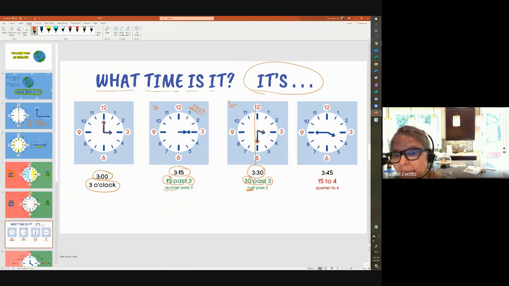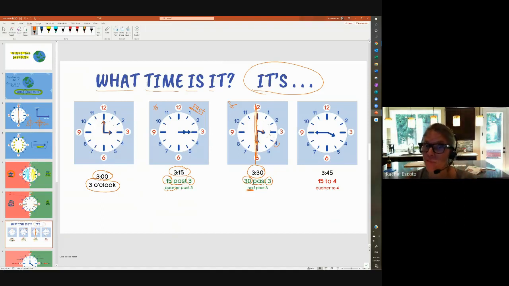Now, once we leave here, we're moving to the next hour, which is 4, right? It's 3:30, then it's going to be 3:40, 3:50, 4 o'clock. So instead of saying past over here, we start counting how many minutes until the next hour.